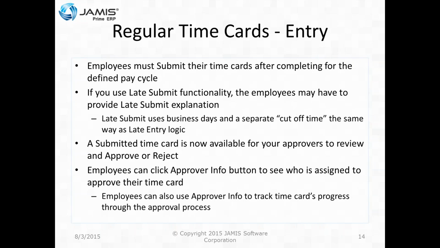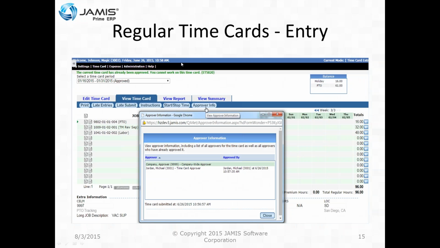If I click the approver information after I submitted it and my approver has actually gone in there and okayed my time card, it will say so, and it will tell me exactly when they approved that time card. As you can see here, my time card has been approved, and when I click on the approver information, it's going to tell me exactly who approved it and when and where.